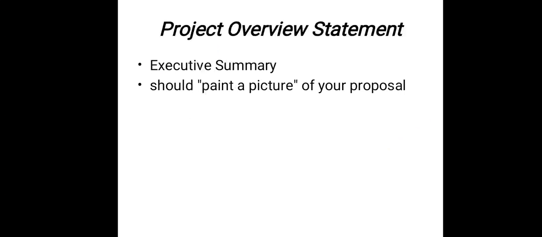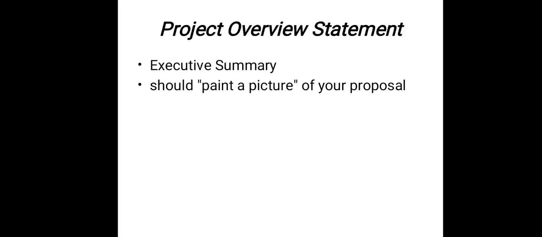The second part of the project proposal is the project overview statement. It is an executive summary. Be specific and concise. Don't go into detail on aspects of your proposal that are further clarified at a later point of your proposal.